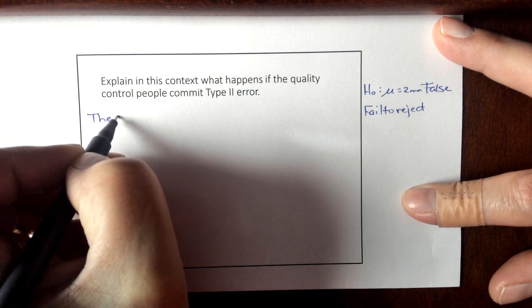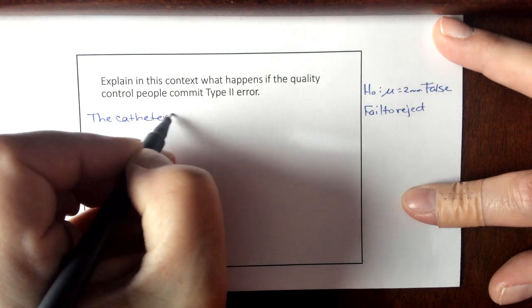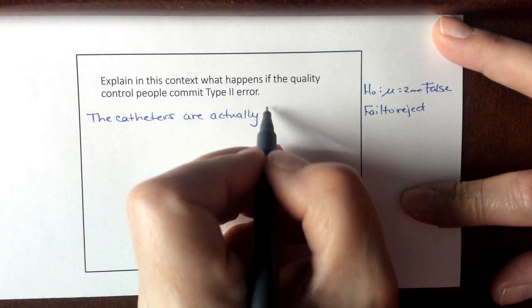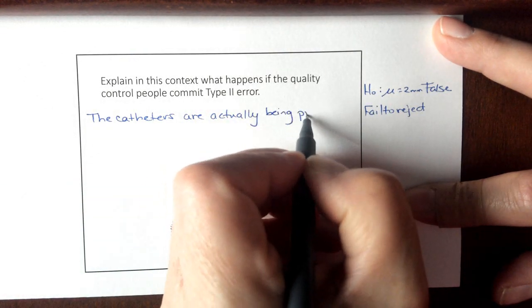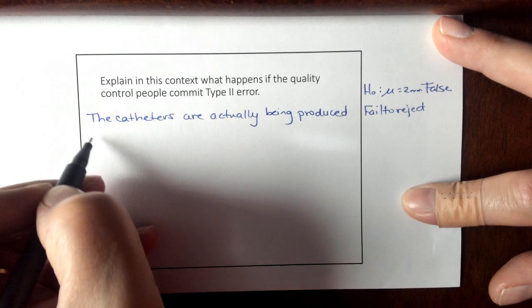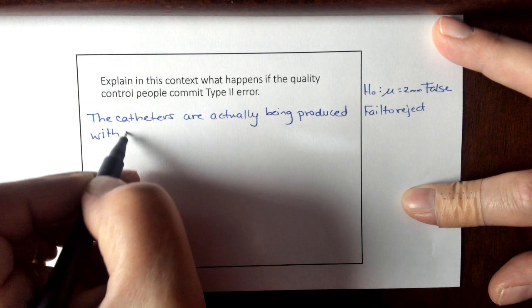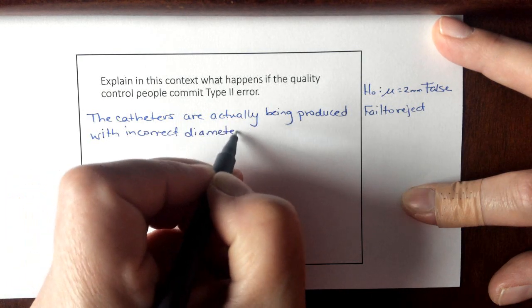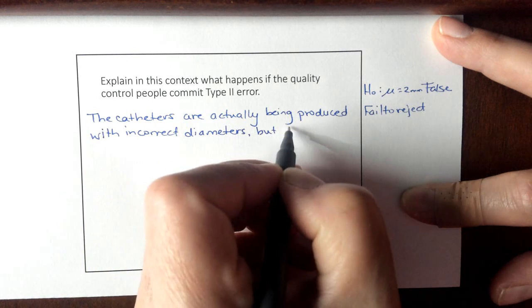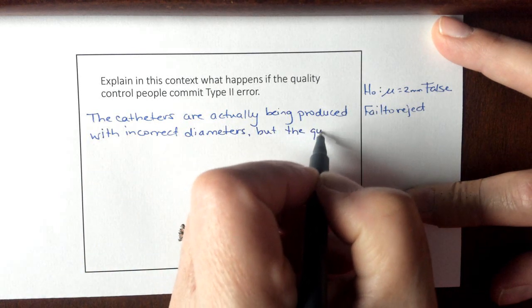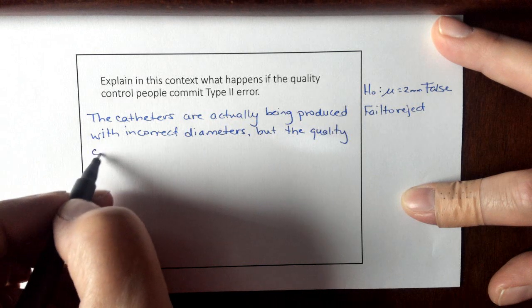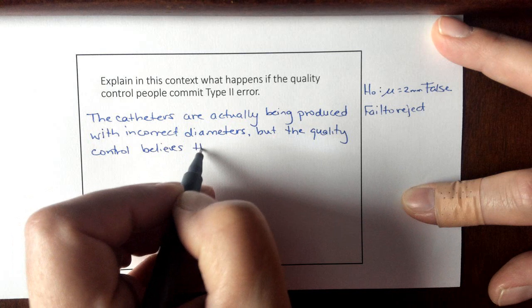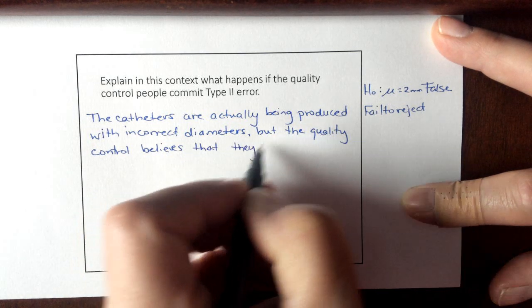The catheters are actually being produced with incorrect diameters, but the quality control believes that they are correct.